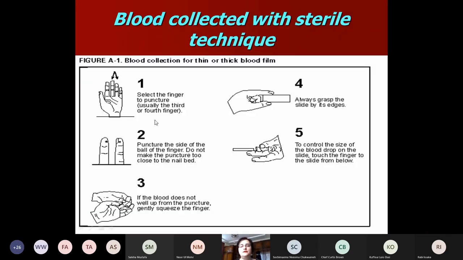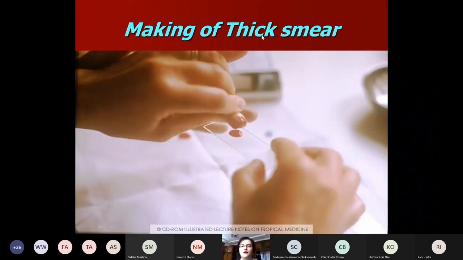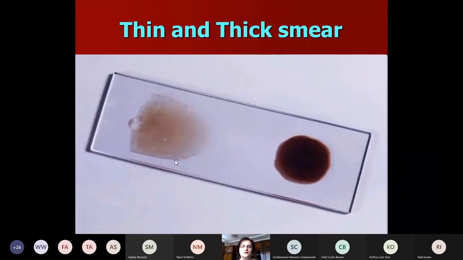Here you can see how we take all the steps of preparing thick or thin blood smears. Here you can see the making of the thin smear. Here the thick one, like a drop of blood. It looks like this, thin and thick.